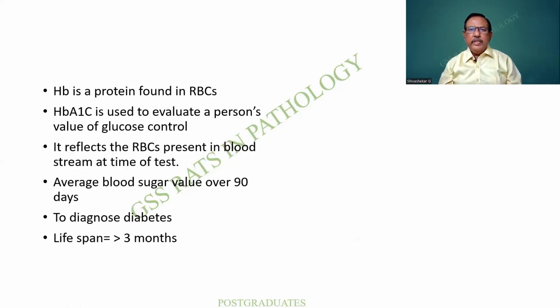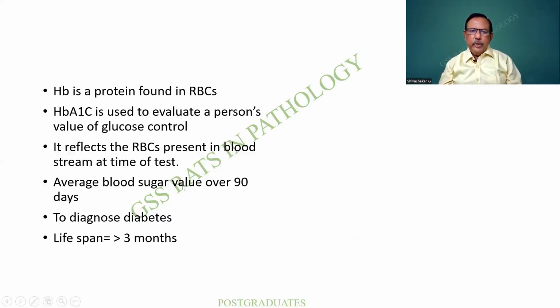Hemoglobin is a protein found in the RBCs, and HbA1c is used to evaluate a person's glucose control. It is not a diagnosis of diabetes, but a measure of your capacity to control glucose. It reflects the RBCs present in the bloodstream at the time of the test.